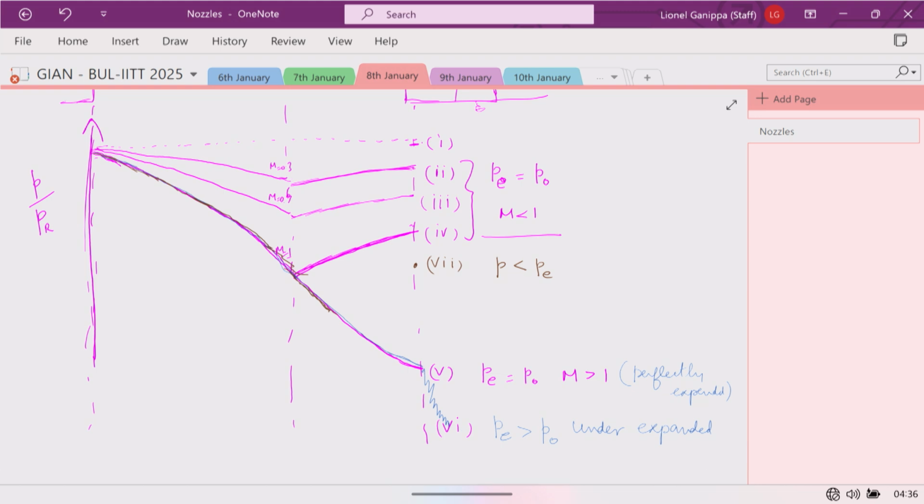Then the flow will realize that it has to go to that place. The only way through which the flow can jump is through the formation of a normal shock. Once the flow encounters a normal shock, the flow becomes subsonic. Then a subsonic flow will enter into a divergent geometry, and the pressure will increase.